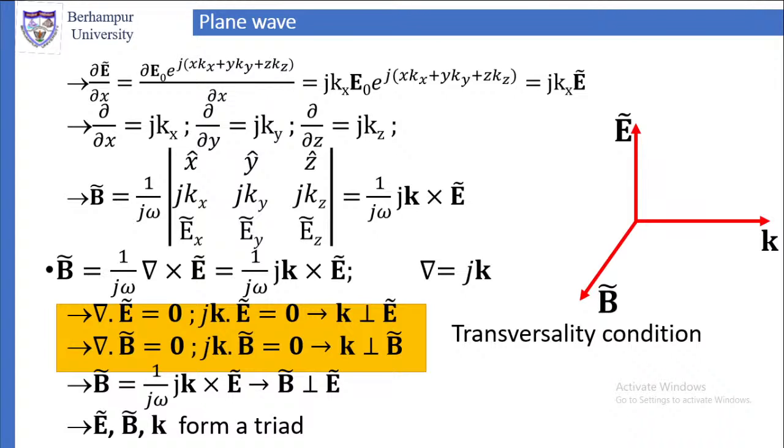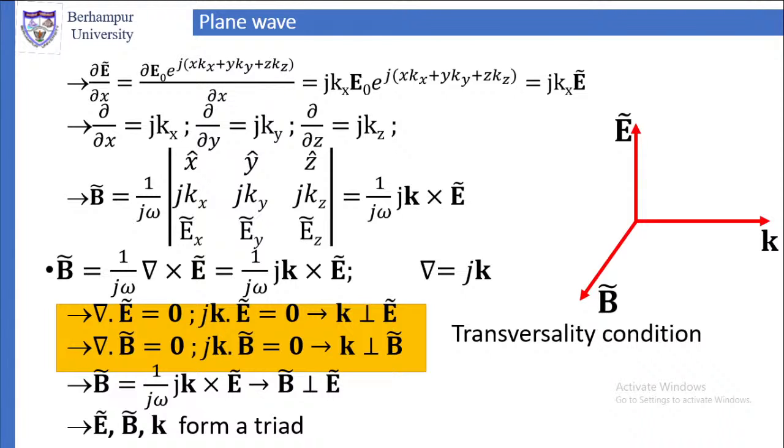If C is equal to A cross B, then we know from vector analysis that C will be perpendicular to A, and C will be perpendicular to B. So here B tilde is k cross E tilde. So B tilde will be perpendicular to k, that we have already seen.